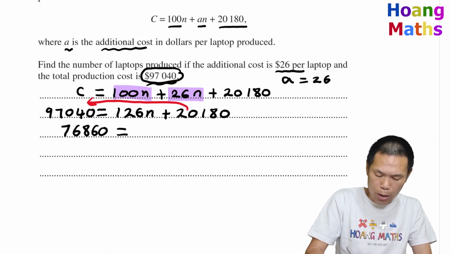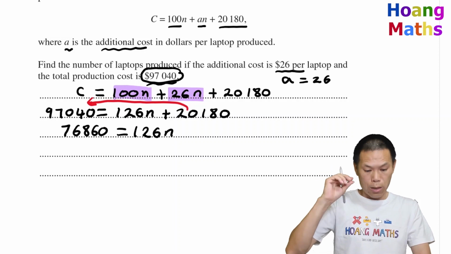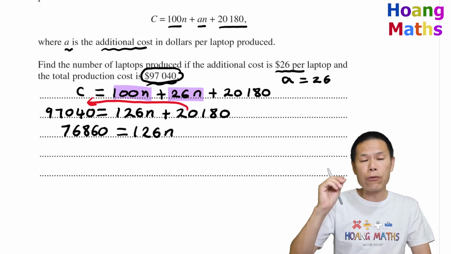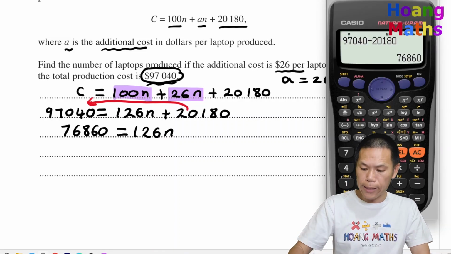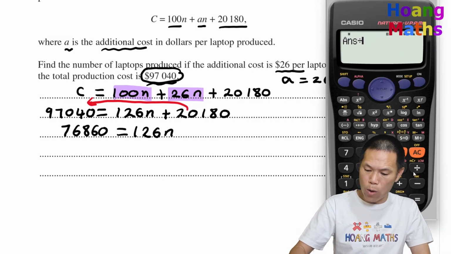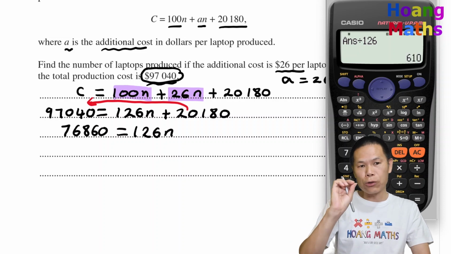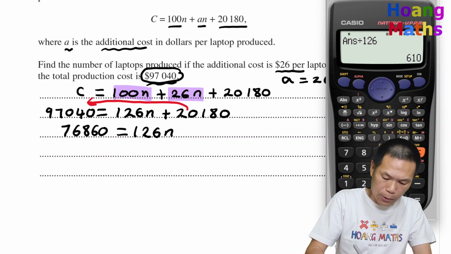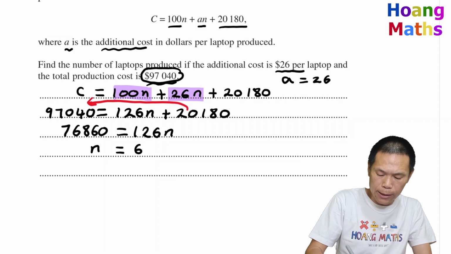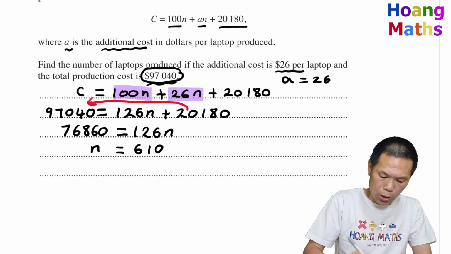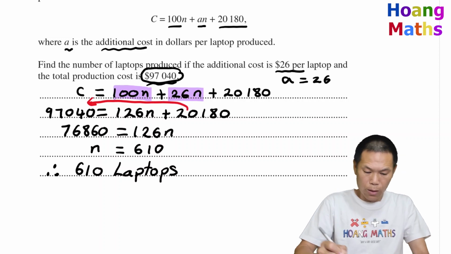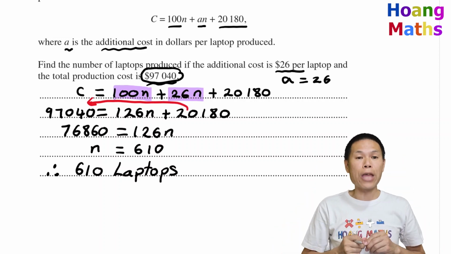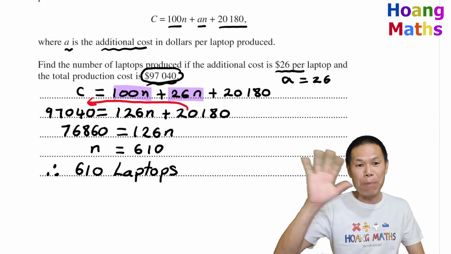That will give me 126N. So I just go 76,860 divided by 126. So there you go, 610. So N is 610. So therefore, there you go. Thank you so much for watching. Bye.